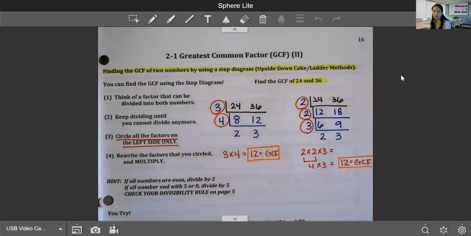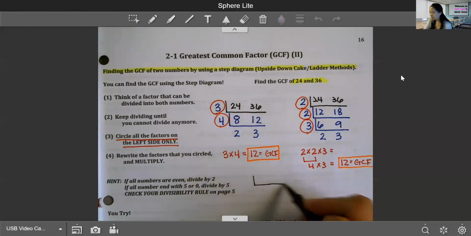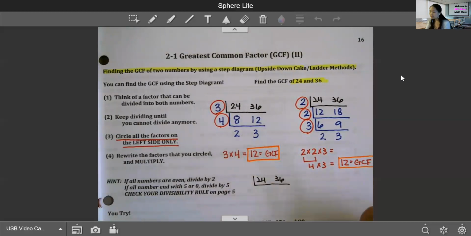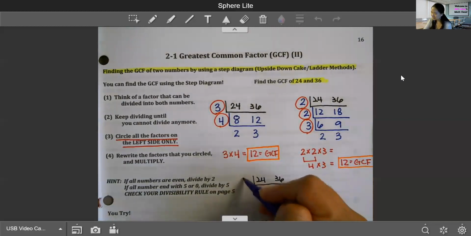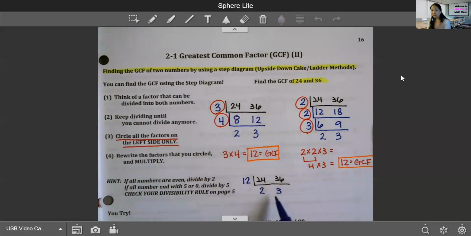Okay, well, one last question, Mrs. Kang. What if you divide it by 12? Because what if I already know that 12 goes into 24 and 36? Well, let's see what happens. If you divide by 12, it goes in twice and 3 times. I'm done.